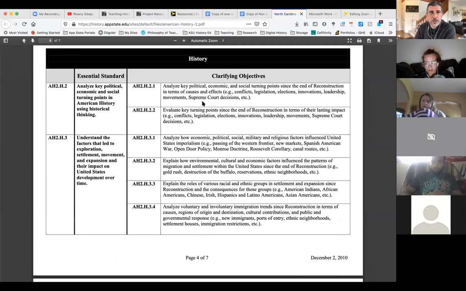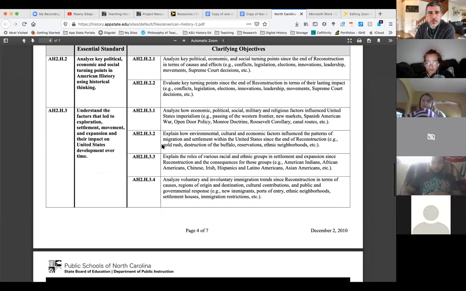So if you look at Essential Standard 3, and let's look specifically at 3.2, how environmental, cultural, and economic factors influence the patterns of migration and settlement within the US since the end of Reconstruction. So we're looking at Reconstruction to the present, patterns of migration and settlement. We could talk about the Dust Bowl and migration of people during the Great Depression.